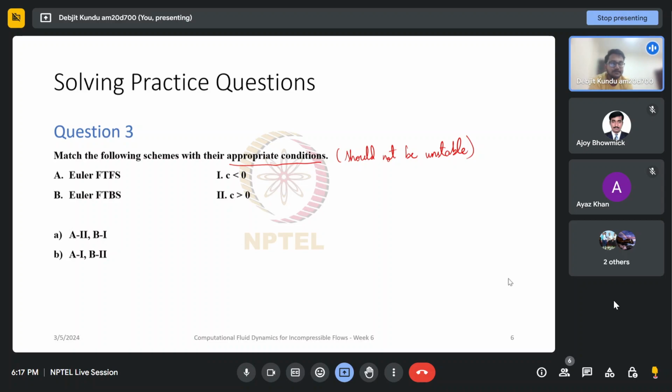And FTFS means forward in time, forward in space, and FTBS means forward in time, backward in space. So phi I would be there, whether you should take phi I plus 1 or phi I minus 1 for modeling the dou phi dou x term is what is important here.